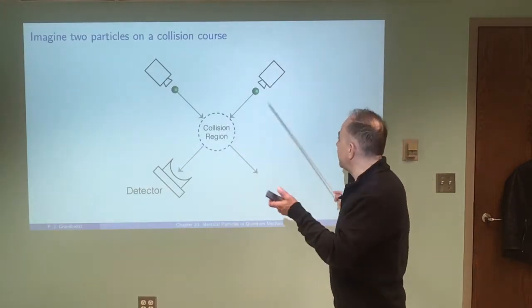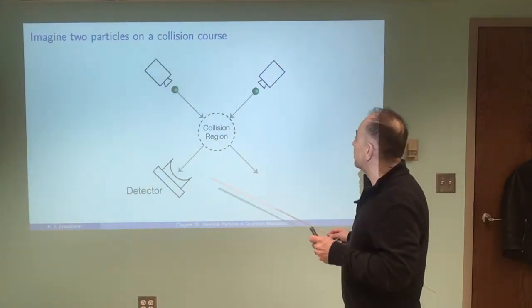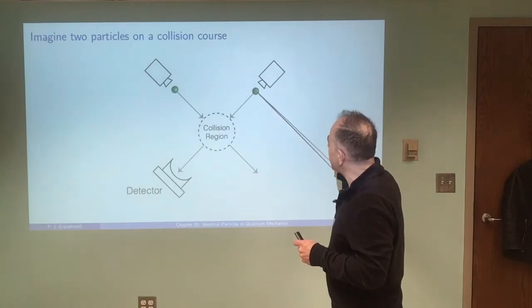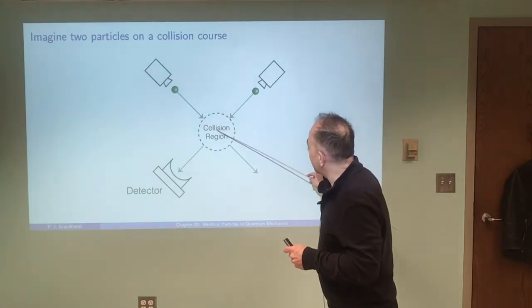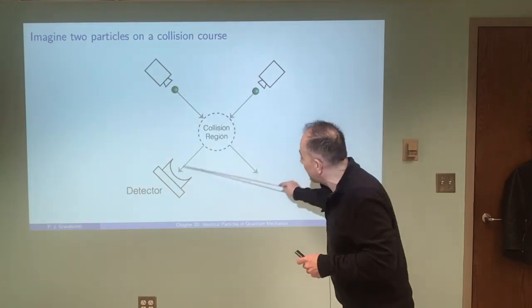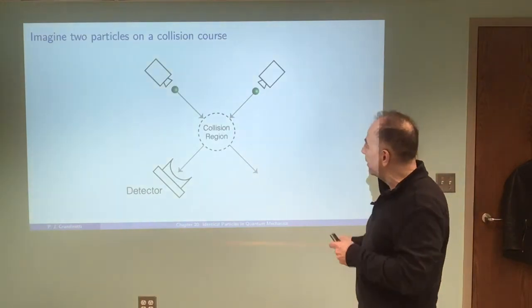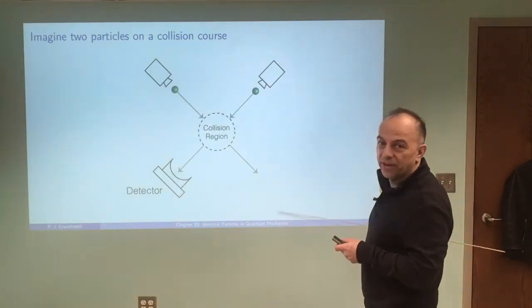Now, you could easily watch this with your eyes, assuming they're not fired with too high of a velocity, and you can see as these bowling balls come together that maybe this one collides with this one, ends up bouncing out this way, while this one ends up bouncing down here into the detector, and you see that that one ended up there and that one flew out over here.